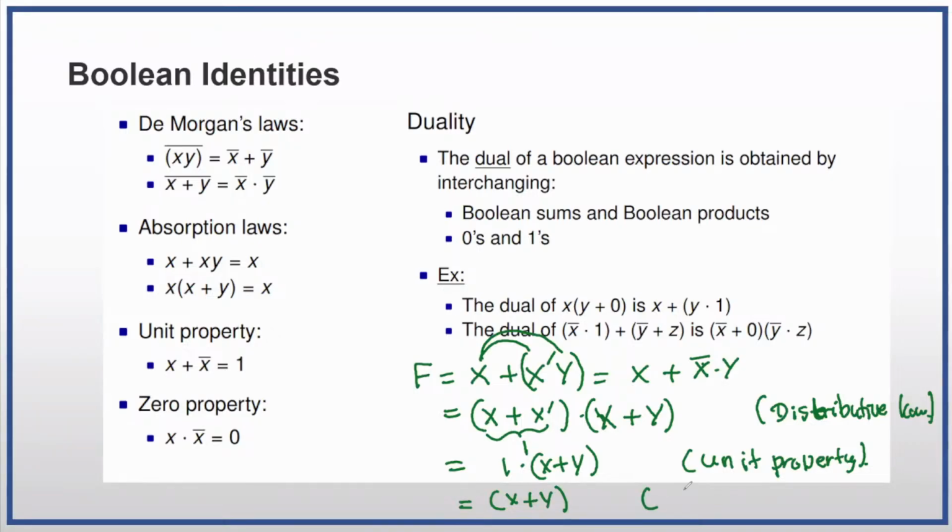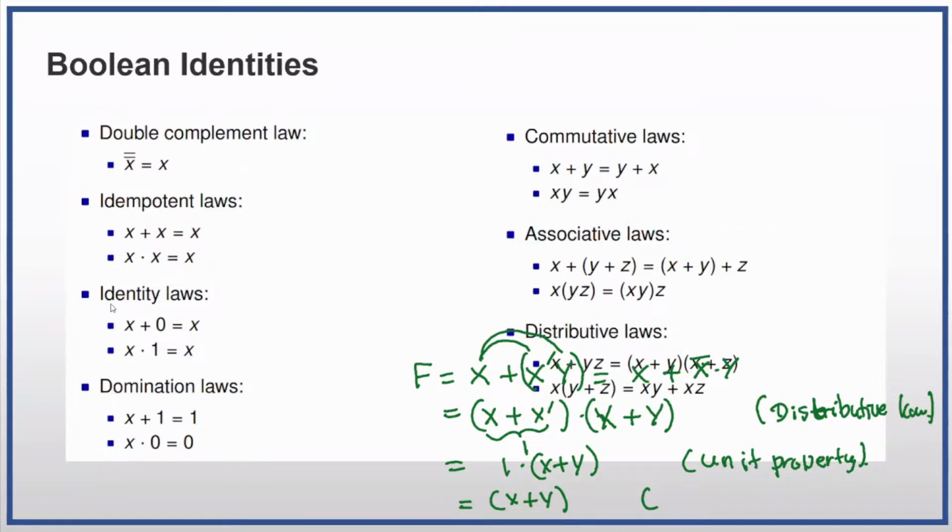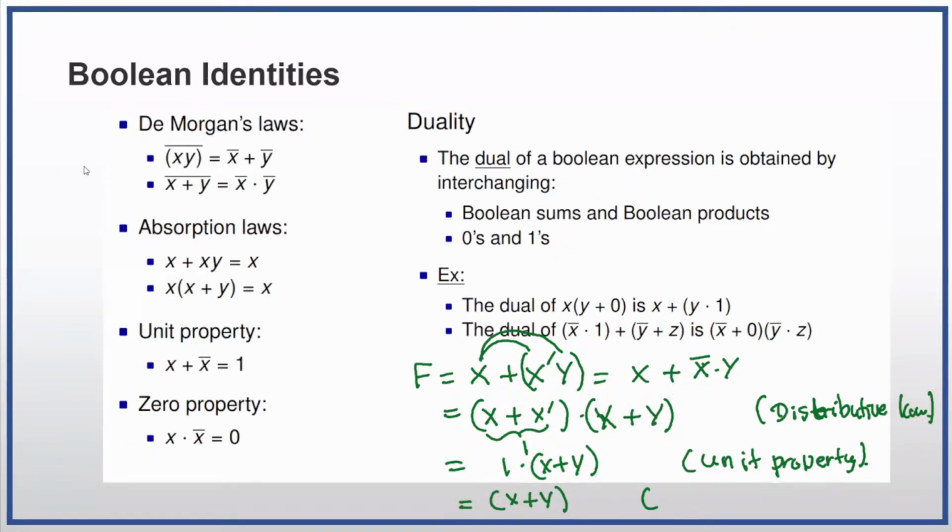So this is also obtained by the identity law, so you have to mention it as the identity law. So, got this?